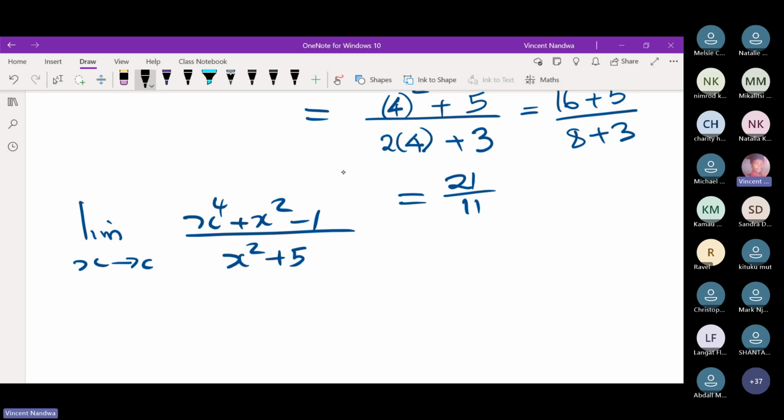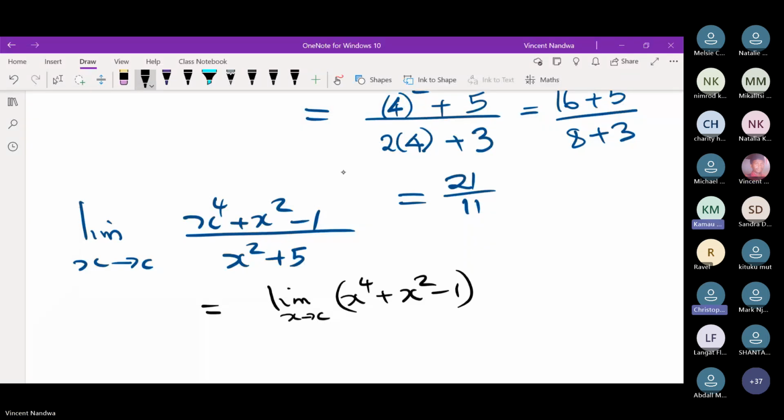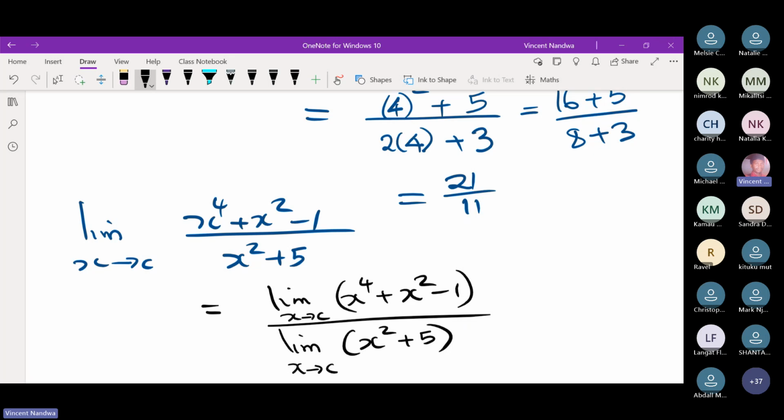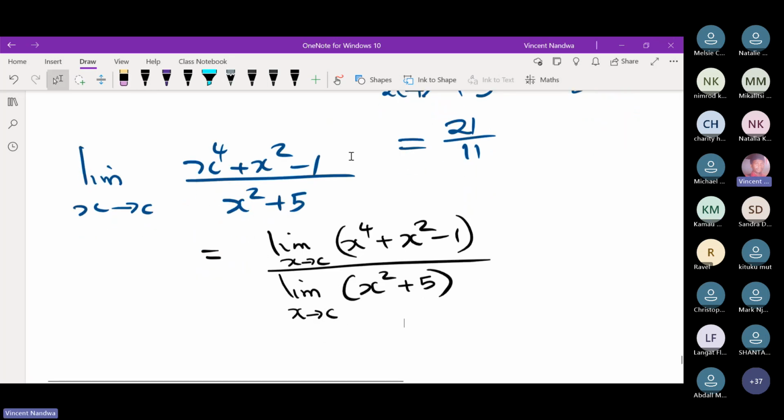So this will be given by the limit as x approaches c of x to the power 4 plus x squared minus 1 divided by the limit as x approaches c of x squared plus 5. So that is step 1, quotient, because the function happens to be a division of two polynomials.